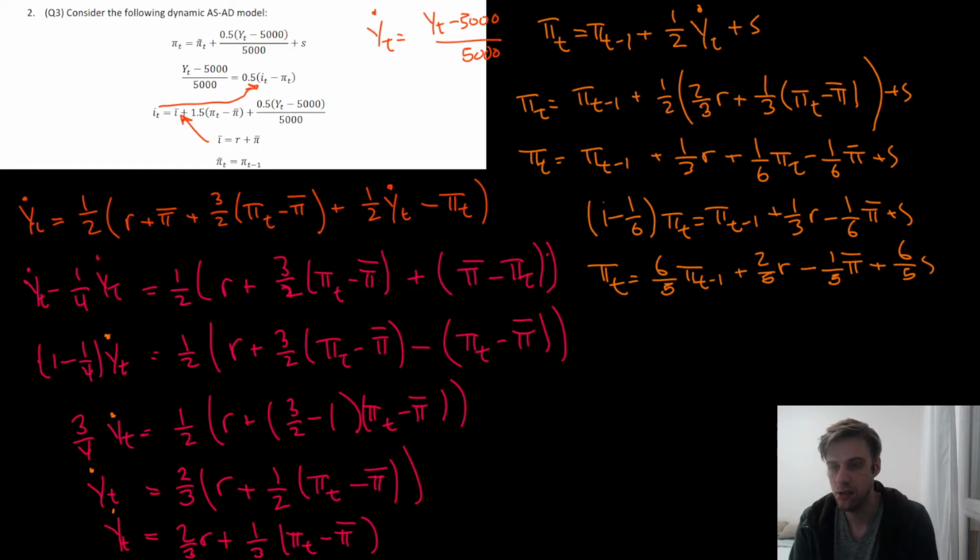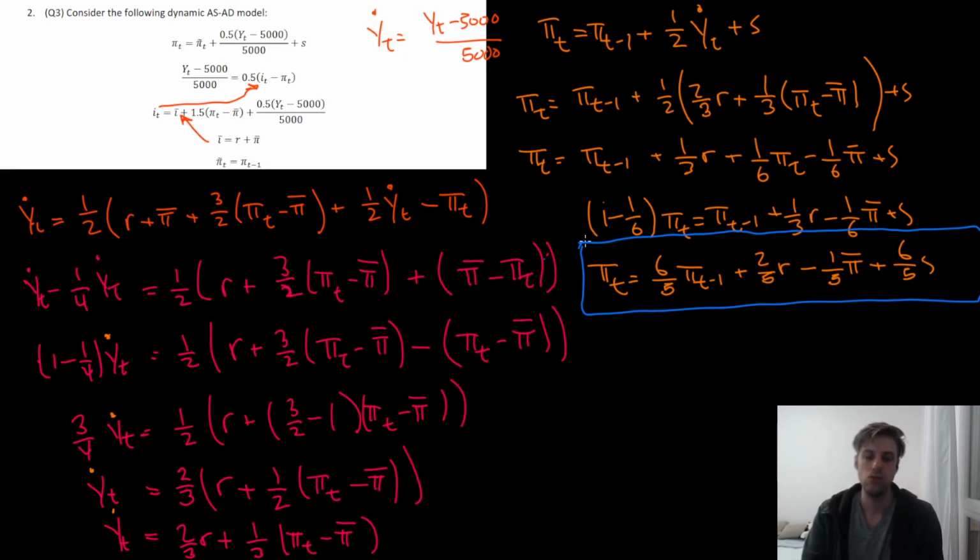And that is the answer. And we're going to use that answer. I get a box, draw a box. It's always cathartic to draw a box. And I can use this answer to answer the questions in the next parts. So I'll see you then.